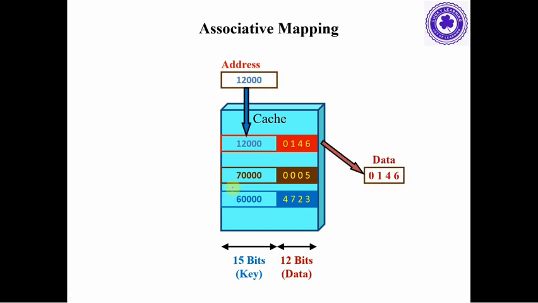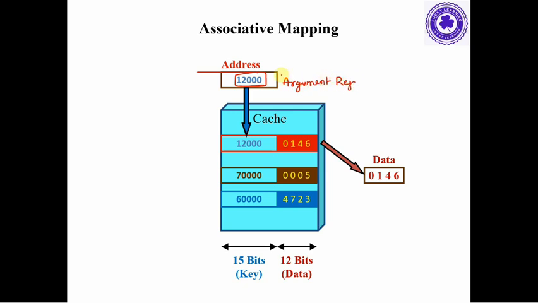Now here you look at how it is going to search. Whenever the CPU requires some word, first the CPU makes a reference to the cache by sending the 15-bit address. We have represented the 15-bit address as a 5-digit octal number. This address is sent to the cache and stored in the argument register.